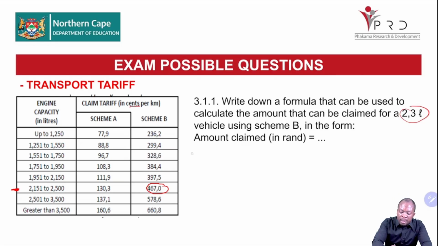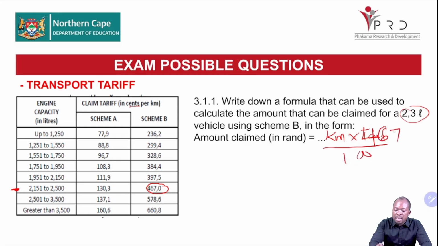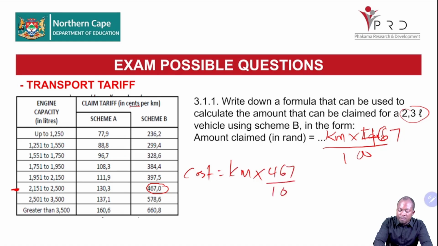So the formula, the amount claimed is equal to the kilometers that you travel times the tariff. But let's put in place of the tariff here 467, divide everything by 100. The cost is going to be the kilometers traveled times 467 divided by 100.